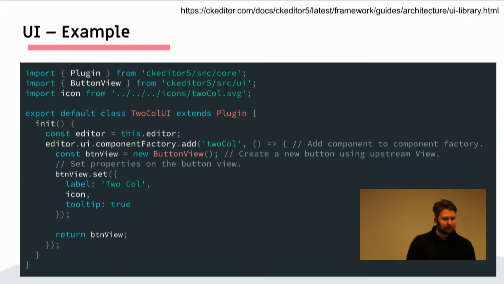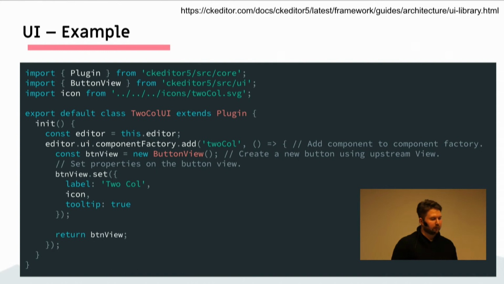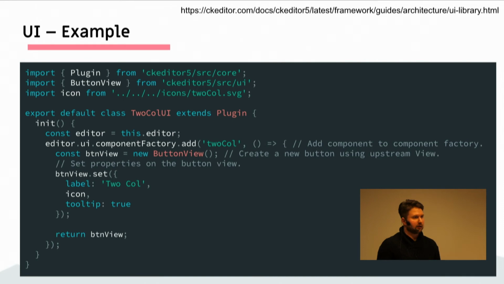Then we have to provide a UI plugin, and a UI plugin is very similar to the editing plugin, but instead of providing a conversion, it provides a UI element using the component factory. So basically, we are using a button view here, which is a CKEditor 5 provided component. It makes it easy for us to provide buttons that behave the same way as the buttons that CKEditor 5 uses internally.